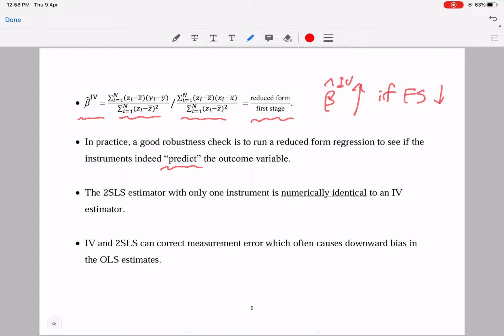But that's going to be a problem because we know a good instrument needs to be strongly correlated with the endogenous variable. So a good instrument needs to be exogenous but also very relevant. If you have a large IV estimate because of a small first stage, we don't want to trust such estimates. So one way to avoid that is to also look at the reduced form. If you look at the reduced form and there is a strong relationship, then you can be sure that your IV estimate is not driven by a small first stage.